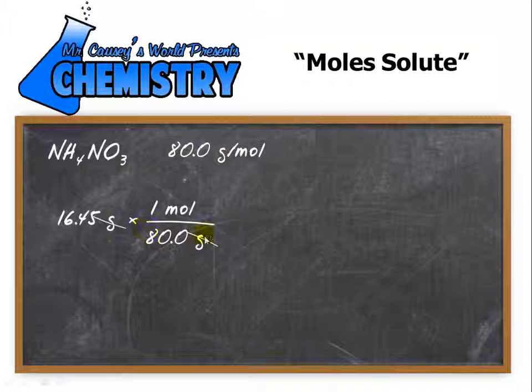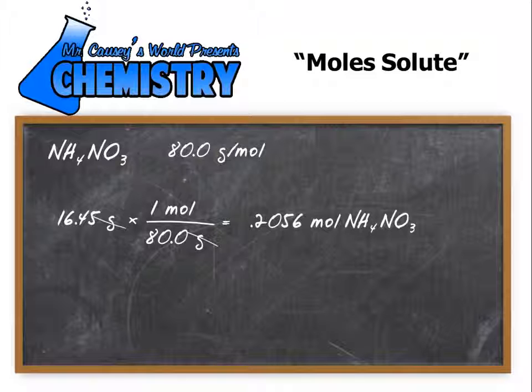It's very useful for helping us figure out which way to put our conversion. We want the grams to cancel out. Now that's going to give us 0.2056 moles of ammonium nitrate, and I'm not going to use my sig figs and round off at the third significant figure at this point, because that would introduce error, and I'm not ready to be done with the problem yet. So I'm going to wait until after we've done our final calculation to do the sig figs on ammonium nitrate.